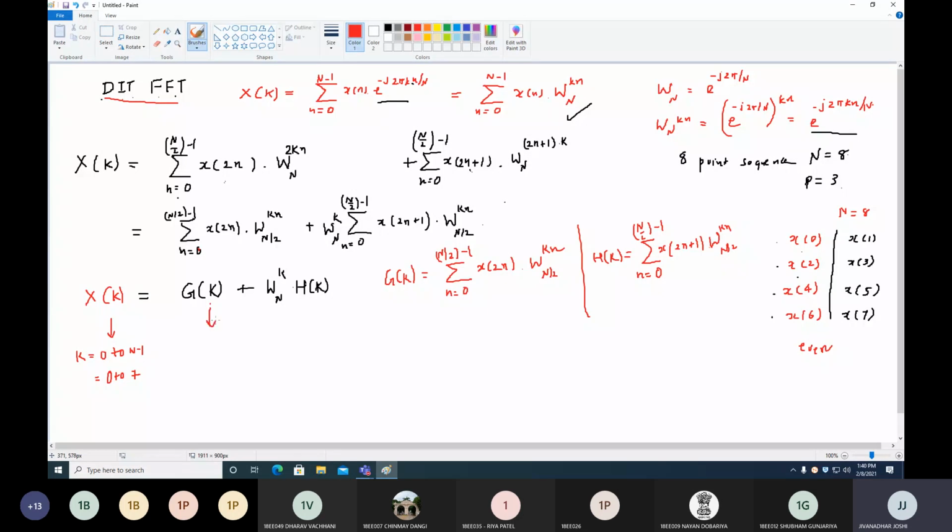So here k is varying from 0 to N by 2 minus 1, that is 0 to 3. Here also it is varying from 0 to 3. Do you agree with me? Yes, sir.